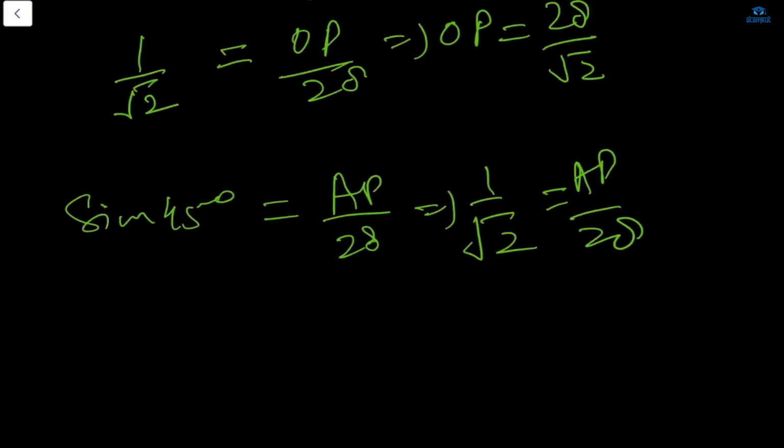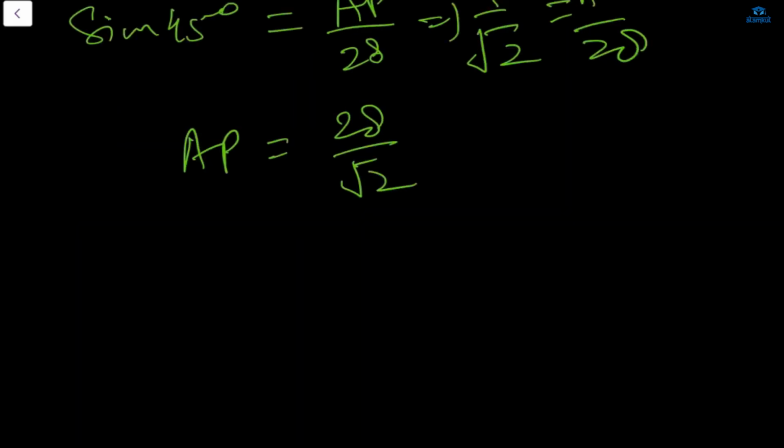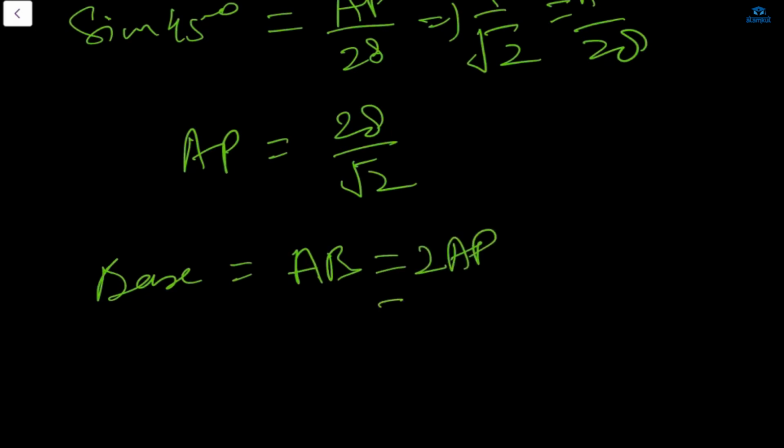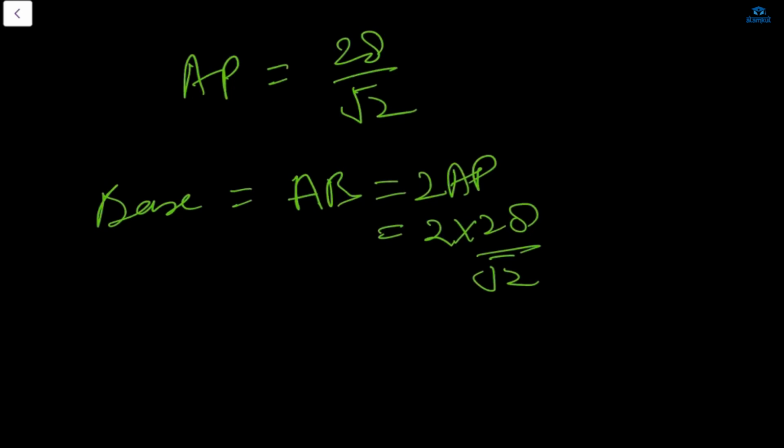AP value will again be 28 upon root 2. Yes or no? So now base is equal to AB, and AB is equal to 2AP, which is equal to 2 into 28 upon root 2. So you will get the value as 28 root 2 centimeter.